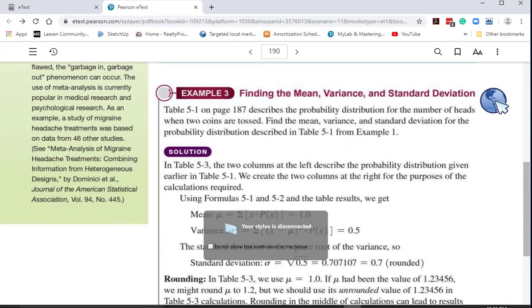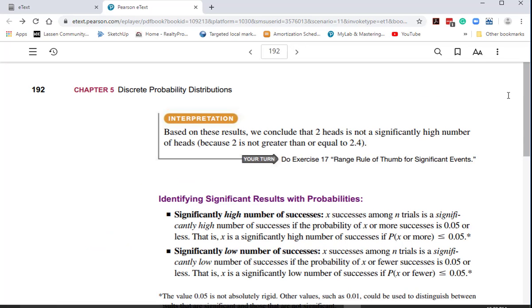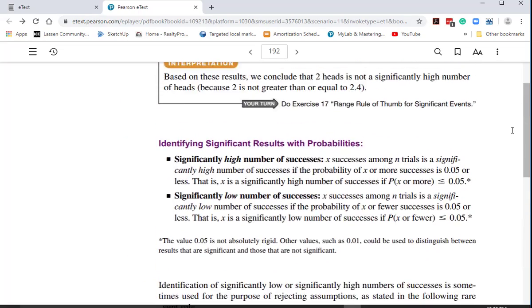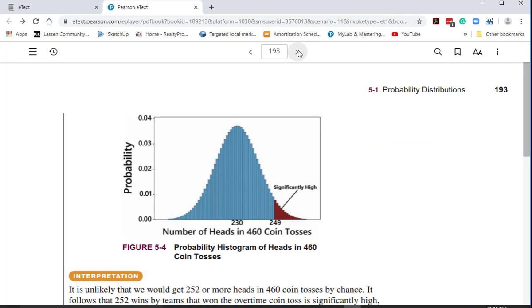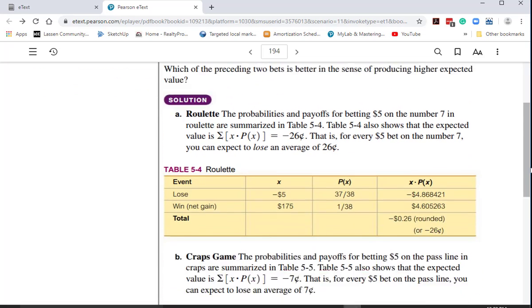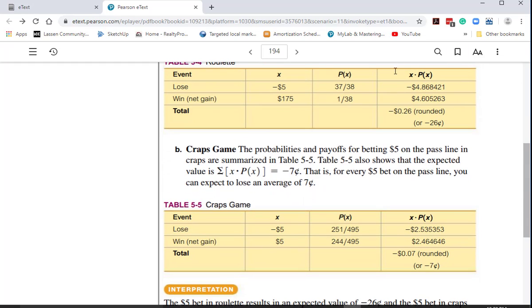Okay, and now, okay. Let's go. I can't do that now. Okay, let's go here. I want to do a conditional probability. Let's see. Are we all set? Okay. Here we go. This is expected value.